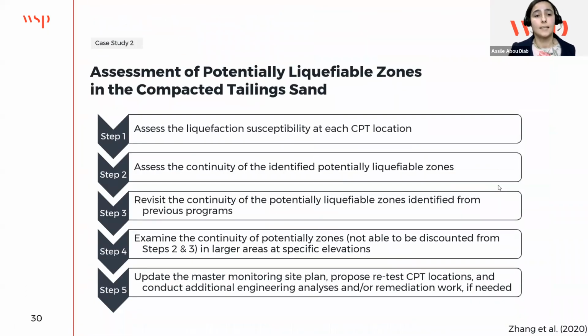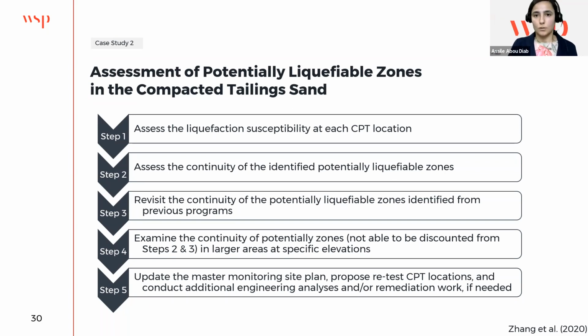So how do we assess the potential liquefiable zones in the compacted tailings sand? We go through many steps to complete this exercise. The first step is we look at each CPT trace individually, and we assess the liquefaction susceptibility at each CPT location. If we find at a certain CPT location that there is a liquefiable layer, we go and look around to assess the continuity of this potential liquefiable zone.